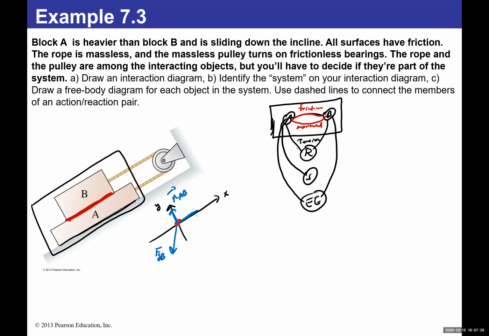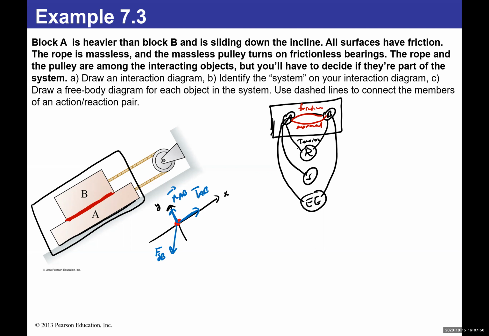There is the rope, right? The tension, so tension A on B. Technically, the reason B is going up when A is sliding is because of the rope. So you can say that A acts on B through that rope, right?